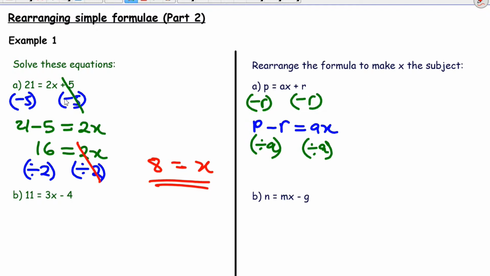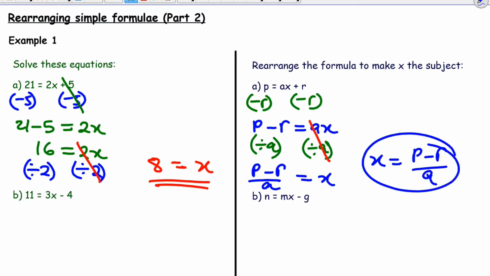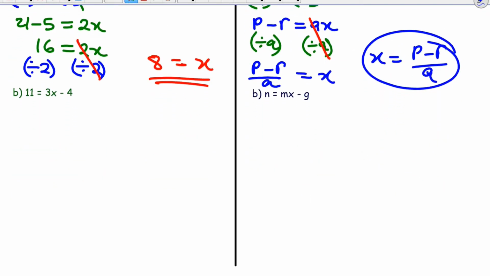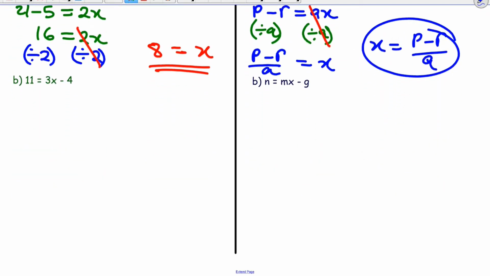Now a divided by a will be 1. So basically we shall have our solution as x will be equal to p minus r over a. Okay, so x is equal to p minus r over a. Okay, we can apply the same process in the next two examples.